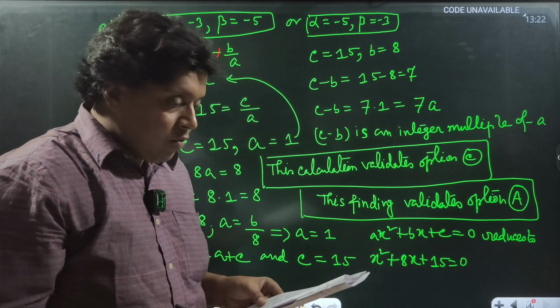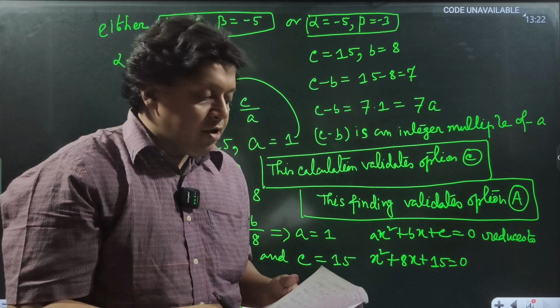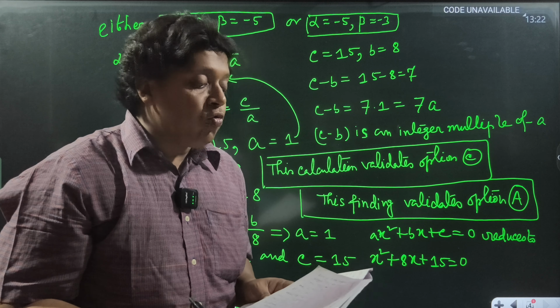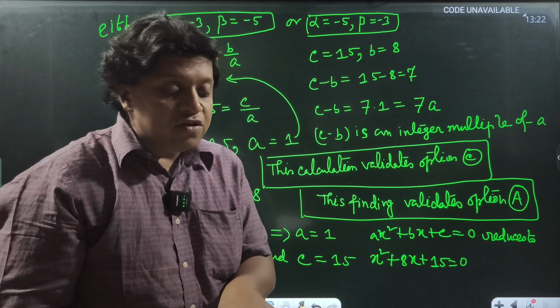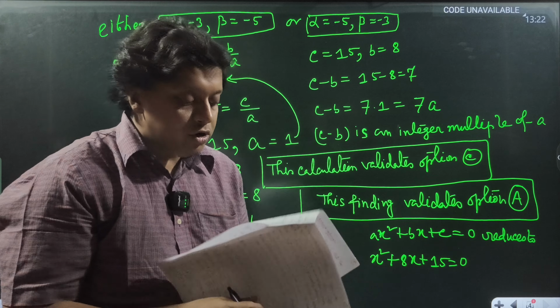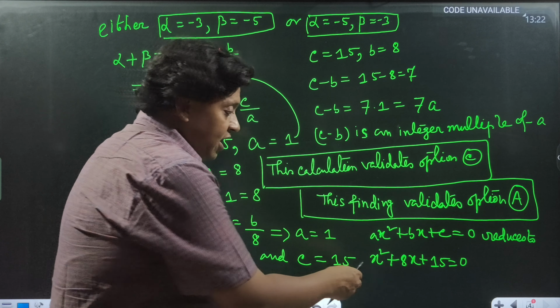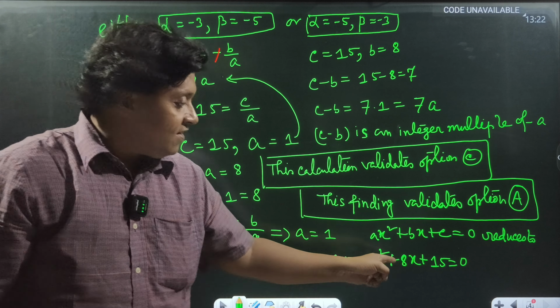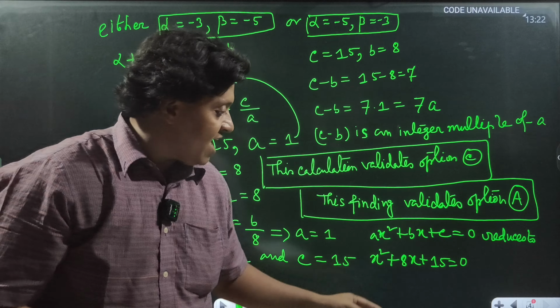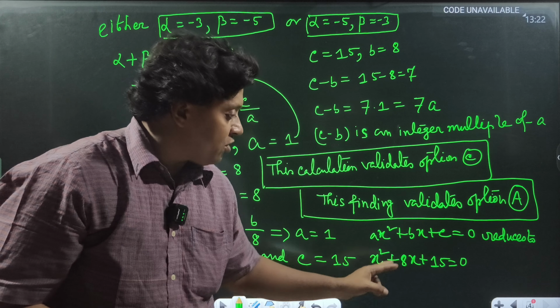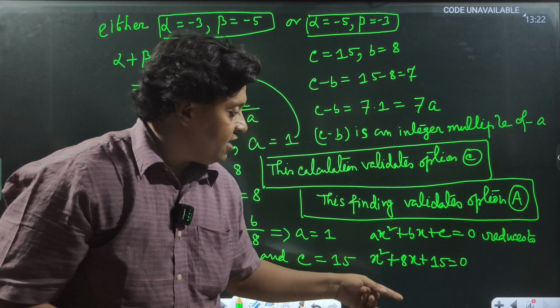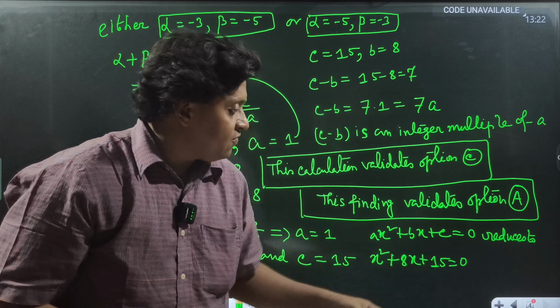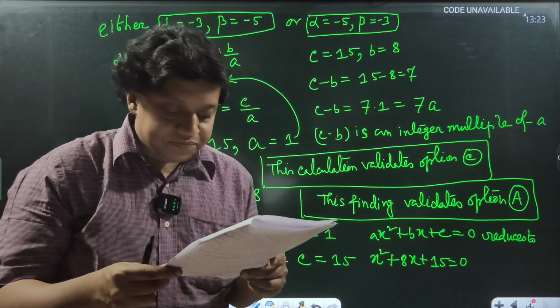Now let us go to option number D. Option D stated, if B equal to 8, then x equal to 3 is a root of x square plus bx plus c equal to 0. But if we put x equal to 3 over here, does this equality hold? Let us check. X square is 9 plus 8x, 24. 9 plus 24 is 33. 33 plus 15 is 48, which is never equal to 0.